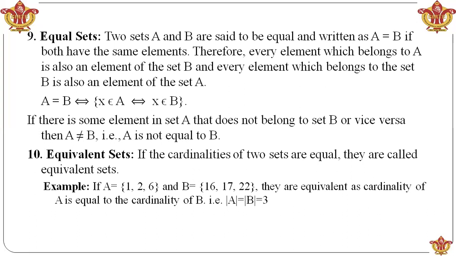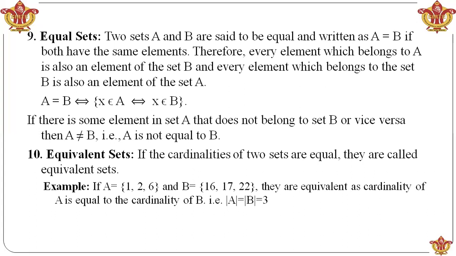In the continuation of set theory, we're going to discuss the equivalent set. So what is an equivalent set? If the cardinalities of two sets are equal, they are called equivalent sets. For example, if A has 2, 1, 2, 6 and set B has the values 16, 17, 22, they are equivalent as cardinality.